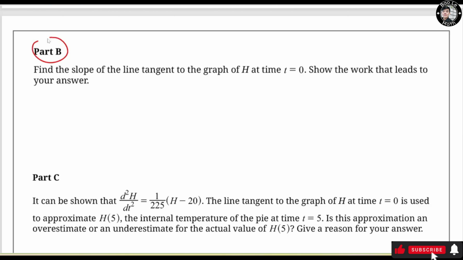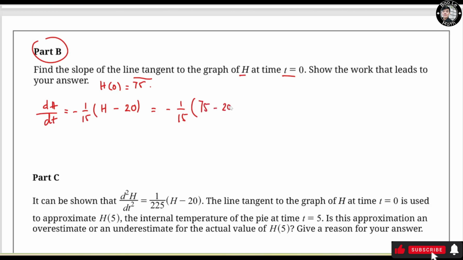Now question B. Find the slope of the line tangent to the graph of h at time t equals 0. Right. So we need to use the differential equation and the initial condition h of 0 equals 75, right? So it's going to be negative 1 over 15 times, substitute 75 for h, minus 20, right?